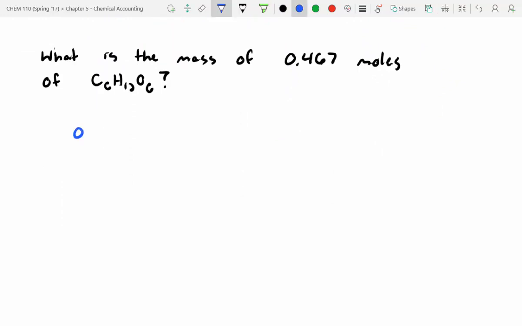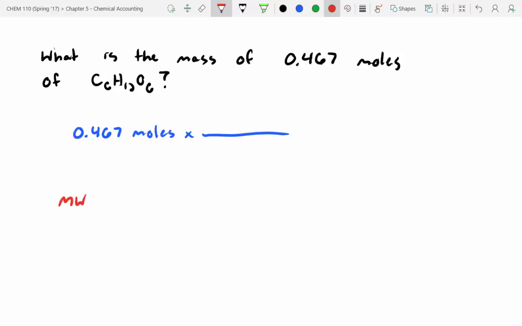And again, we always start with what we know. What should we do before we do any unit conversions? Yeah, I'd agree. We should find the molar mass of glucose before we get too much further.